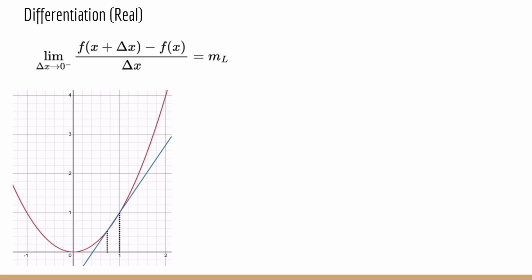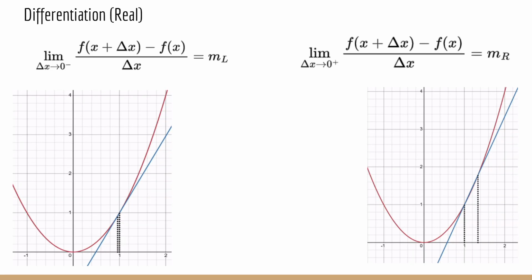Now, let's recap differentiation. Recall when we differentiated real functions, what we essentially did is consider the gradient of the secant line. Suppose you want to find the gradient of the function when x equals 1.